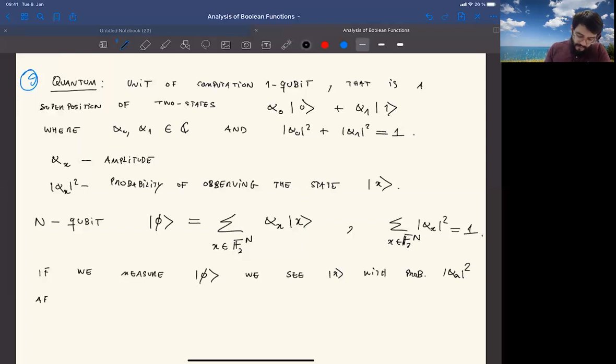And after measurement, so if you actually want to measure alpha x squared, actually know what their value is, the wave function collapses, you lose the information of all the other numbers, you just have that.